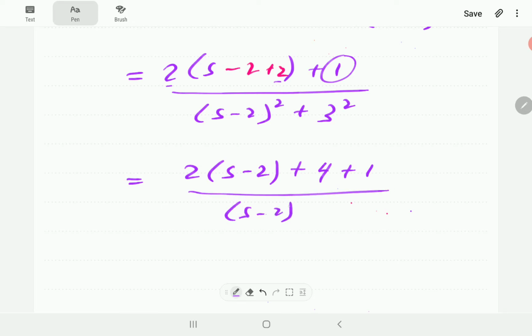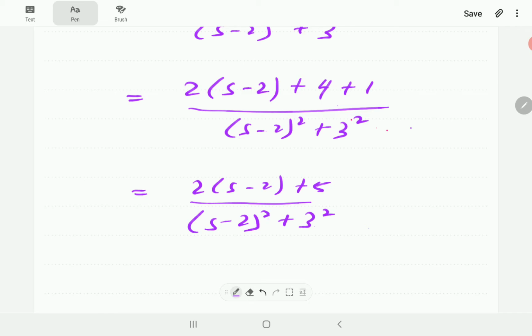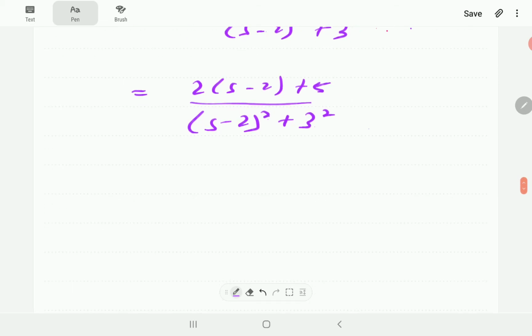So this is now 2 times s minus 2, plus 5, all over s minus 2 squared plus 3 squared.